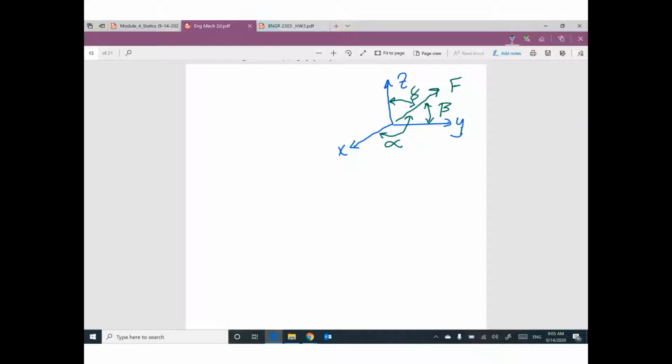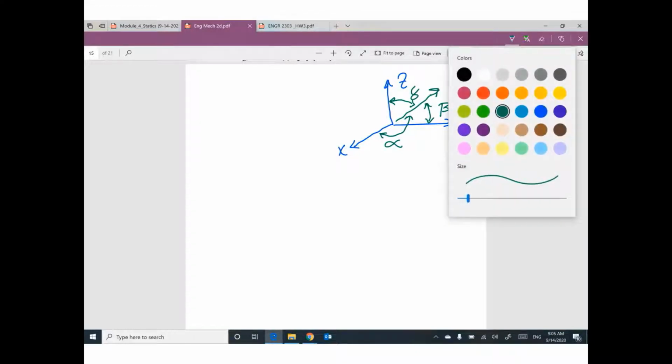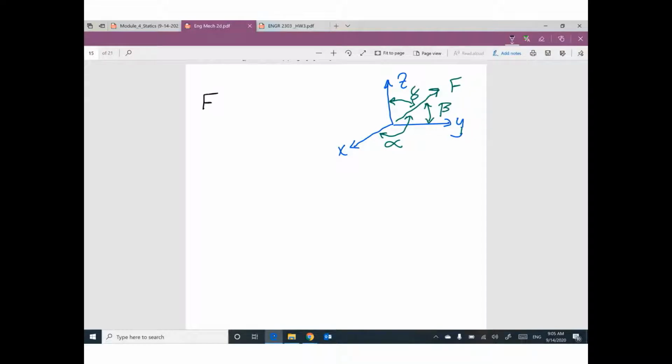We learned that if you would like to convert this force to be a vector, we will have F cosine alpha in X direction plus F cosine beta in Y direction plus F cosine gamma in Z direction. So we have three components.